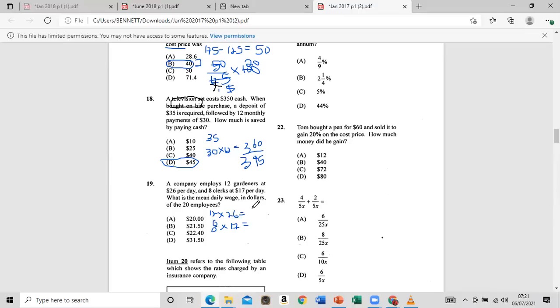312. So this works out to 312. Get 756. And 36. So this is 136. So if I add this now, I find the total.